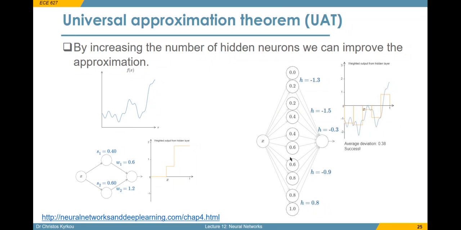As we add more neurons, we start to approximate better the different characteristics of the function. And as we add more and more neurons, we're able to capture more details of this function. So if this seems an arbitrary function, this means that for any task that we can imagine having an input-output relationship, a neural network with one hidden layer can approximate it.